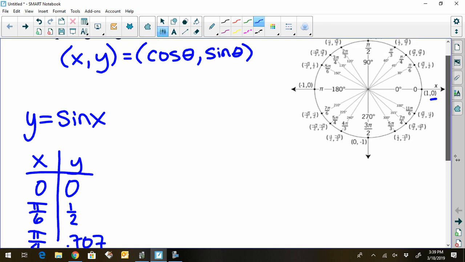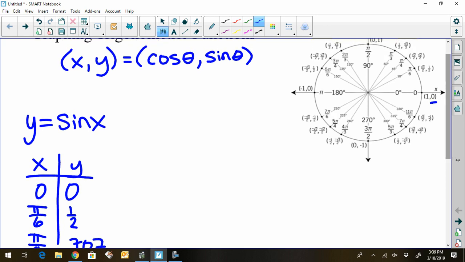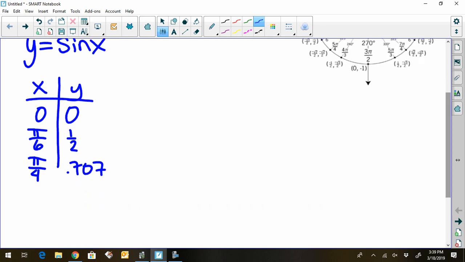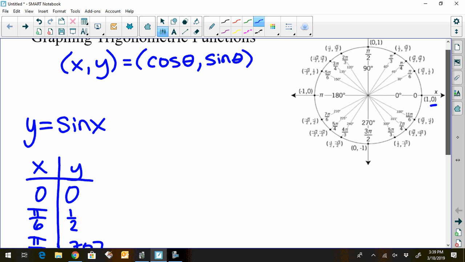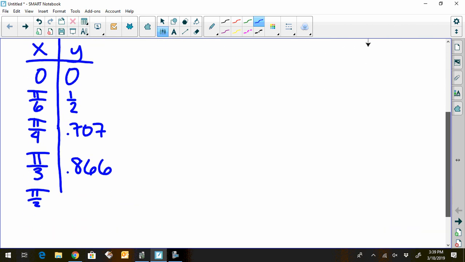Then sine of pi over 3 is square root of 3 over 2, so we get 0.866. Pi over 3 is 0.866. And then sine of pi over 2. So pi over 2, we're at the top of our unit circle. Our y value is 1. So we get 1 here.